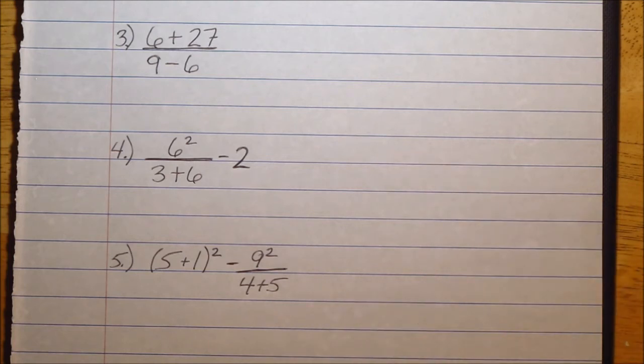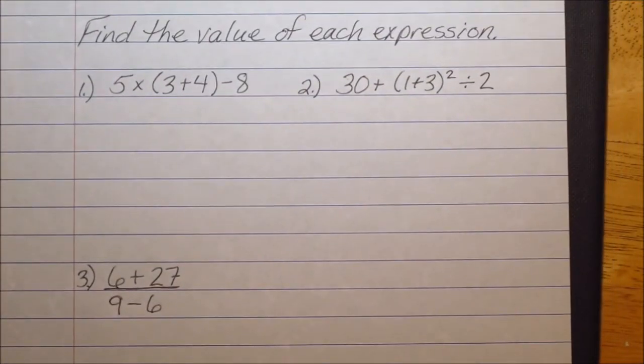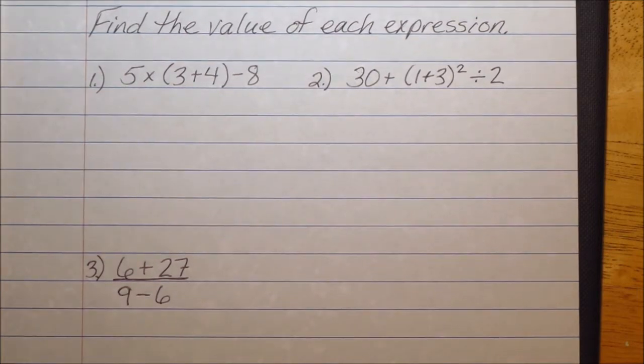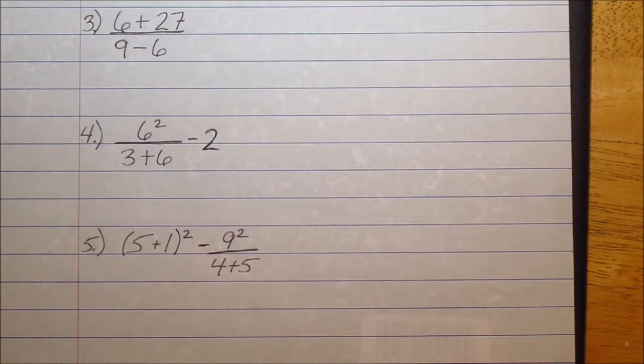All right, so one more look in case you want to pause and work out these problems on your own. Okay, 1 and 2. And then the final ones. Okay, let's see how these work then.